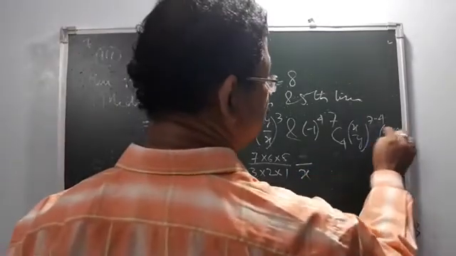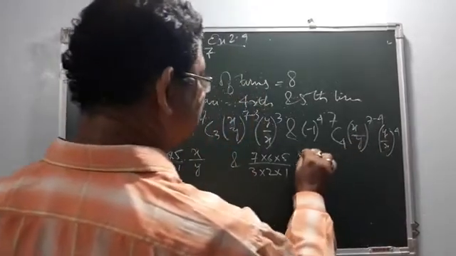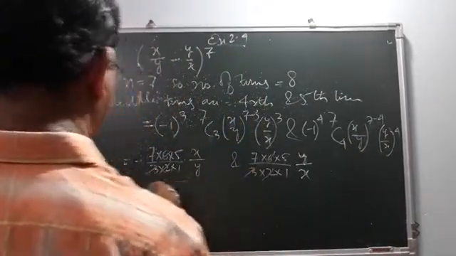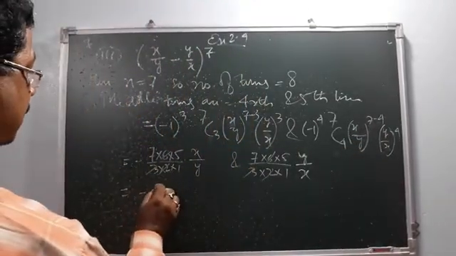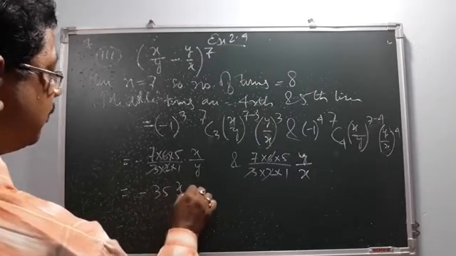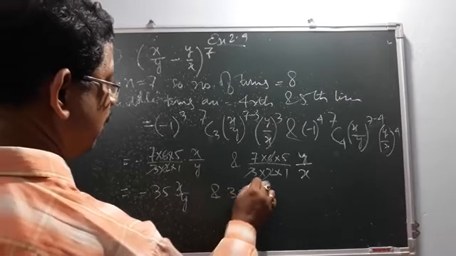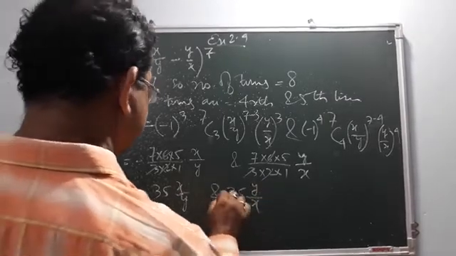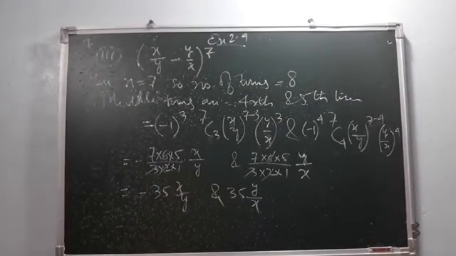Here y to the power 4 and y cube will cancel, leaving y. So our middle terms will be minus 35x by y and 35y by x. Two middle terms.